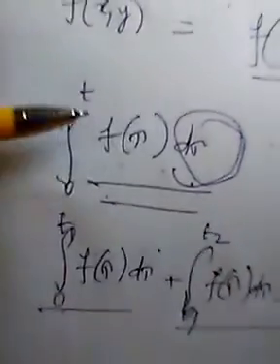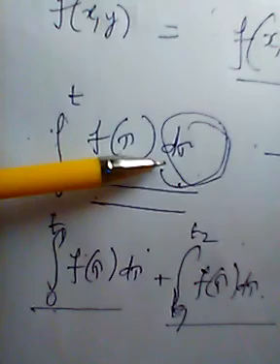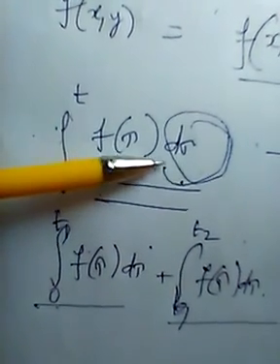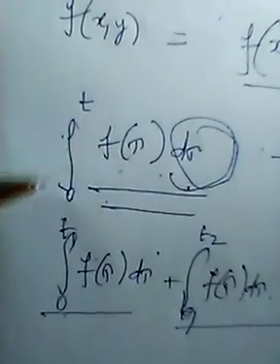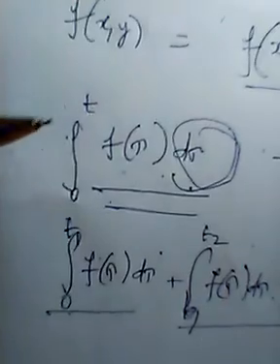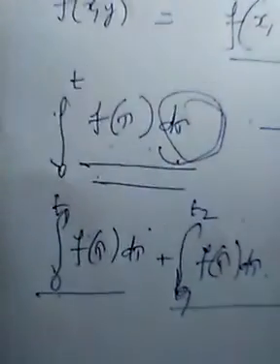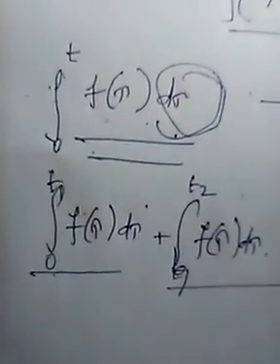This integral equation varies from 0 to t, f of tau, d tau. That means this d tau is a differential derivative, or it can be said that it is the difference of time. This is a function which varies with time, and there is a limit for the function, 0 to t. T is the maximum limit. This same function as an integral can be split into two functions. That is, one is from 0 to t, another is from t to t1.